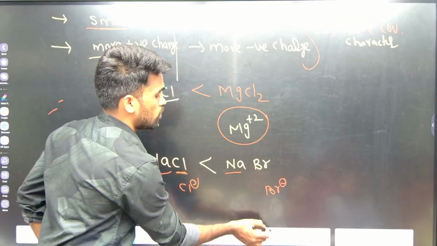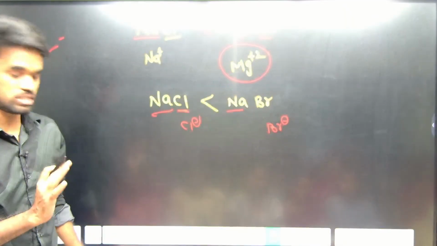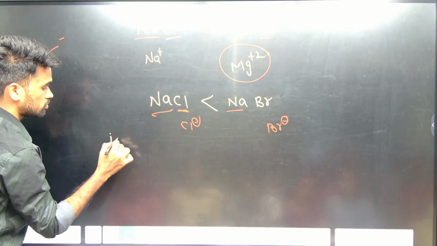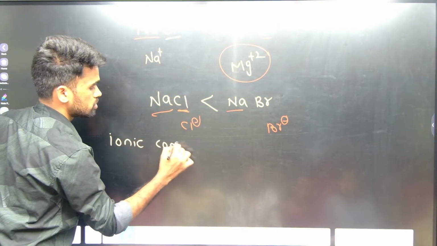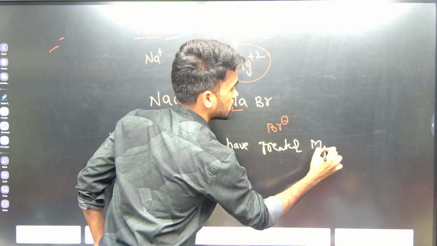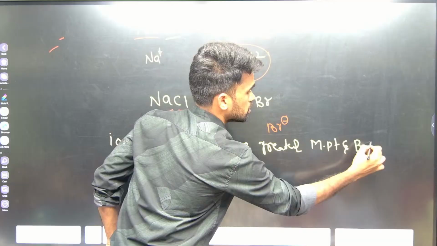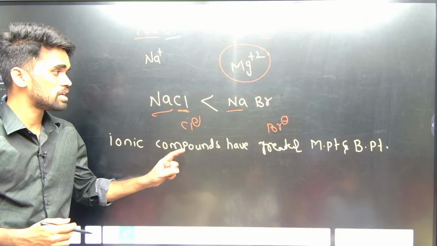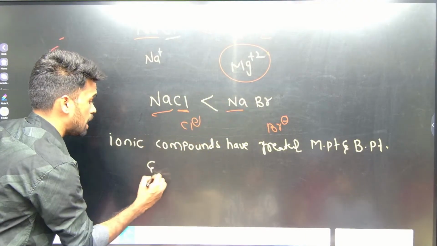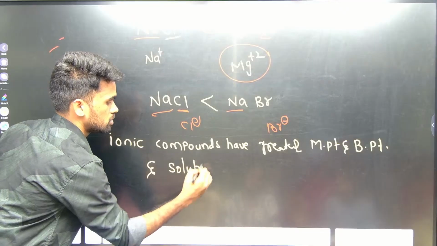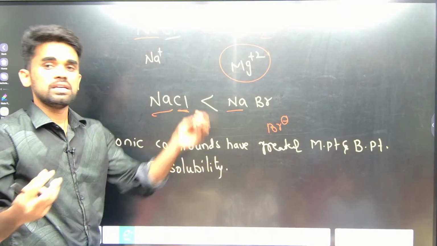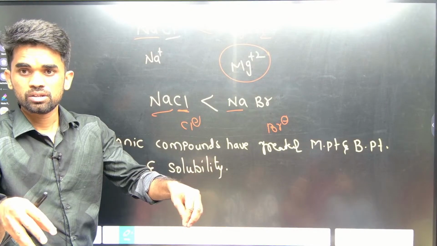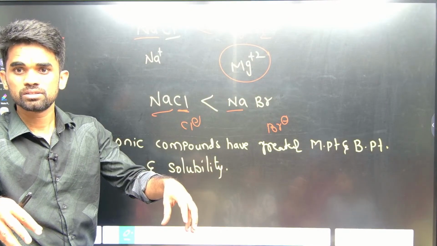Now what is the use of understanding covalent nature and ionic nature? See, ionic compounds have greater melting points and boiling points. Based on that, also solubility. If you want to mix salt and sugar, which will mix easily in water? Salt.